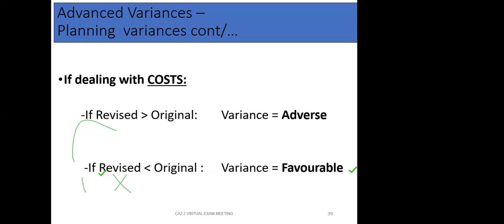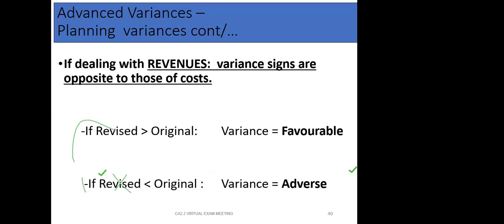Next, if dealing with revenues, signs are opposite to those of costs. So if the revised is greater than the original, then the variance is favorable. Actually, you should take the revised as actual because that's realistic.